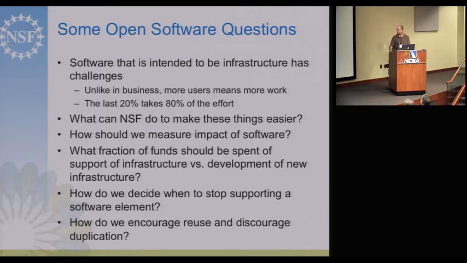And then finally, how do we encourage software reuse and discourage duplication? Right, so my work in some sense has been in workflows. And there was a study at one point that I think there were something like 130 different workflow packages supported by NSF at one point. Right, so that's probably too many. But one is probably too few. And kind of where do we draw the line?